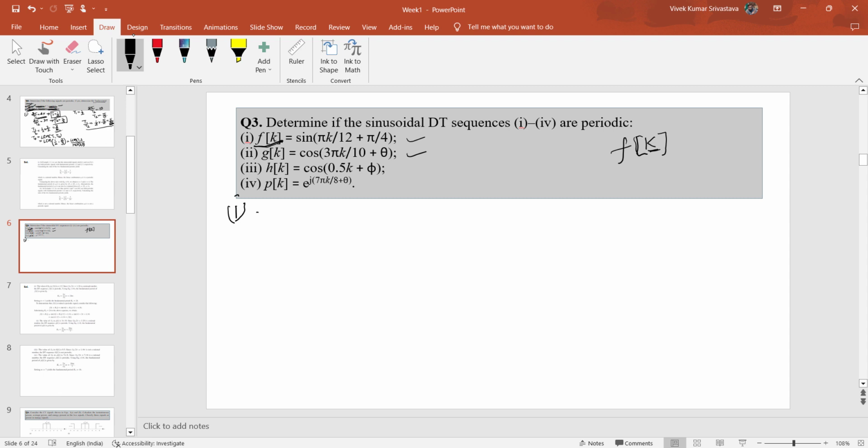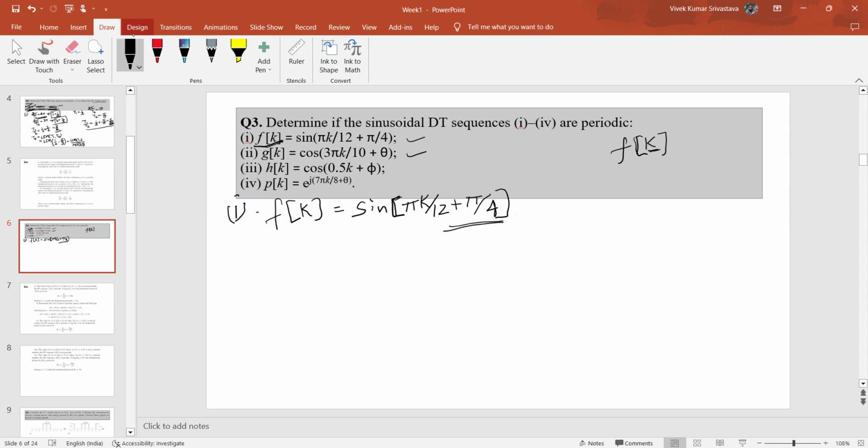The first signal is f of k equals sine of pi k by 12 plus pi by 4. Before moving ahead, let us see some theory behind this.